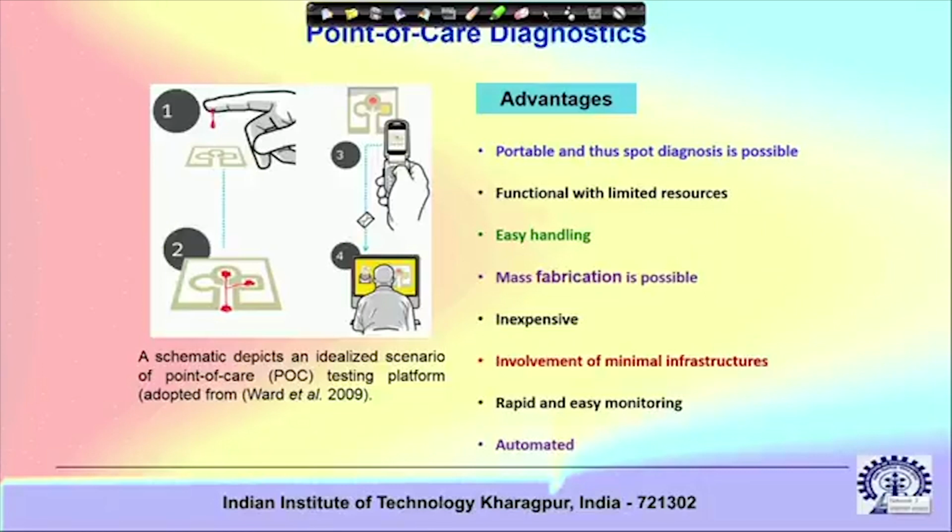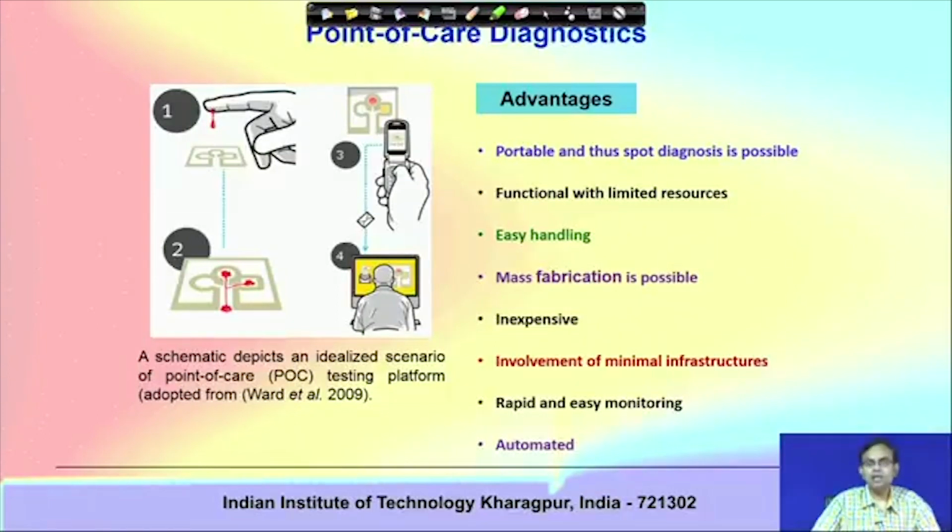Once the result is assessed against that calibration, one can tell the particular blood parameter of that sample for that test.